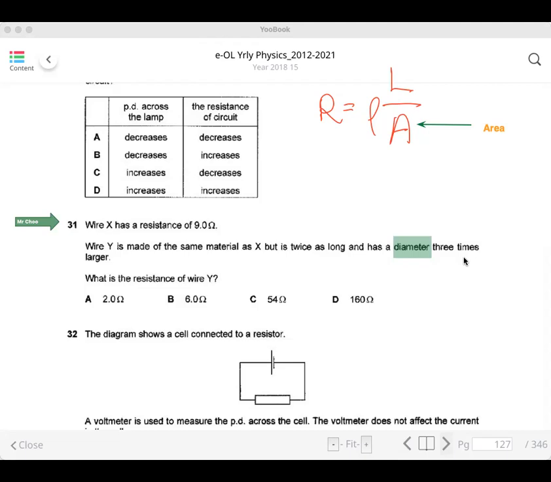Only Oscar gave me the correct answer. How about the rest of you? Where are all of you? Bei Kwan, incorrect. Your resistance is now much bigger. Why is your resistance much bigger? Ryan, incorrect.